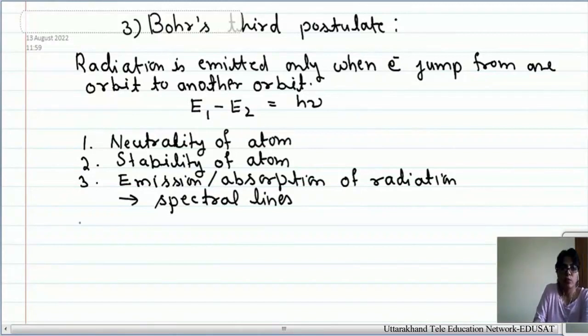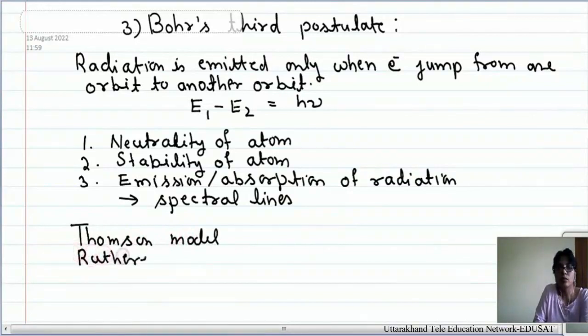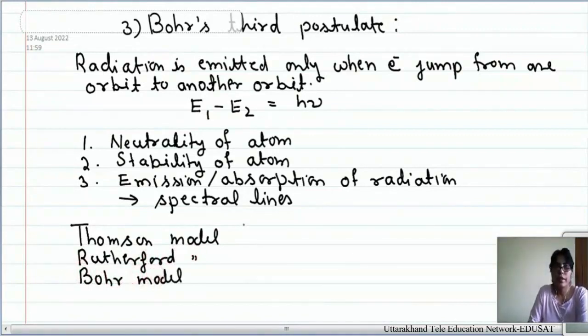Today we discussed three atomic models. First was the Thomson model, then second was the Rutherford model, and third was the Bohr model. These models came into existence successively. Rutherford gave a new concept of nucleus and revolving electron, and that concept was carried forward by Bohr in his model.